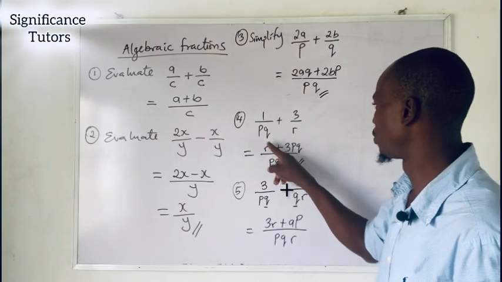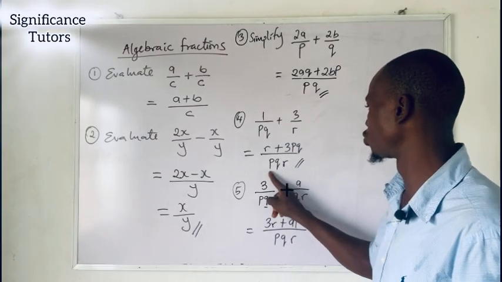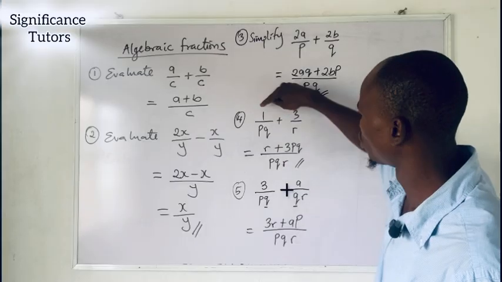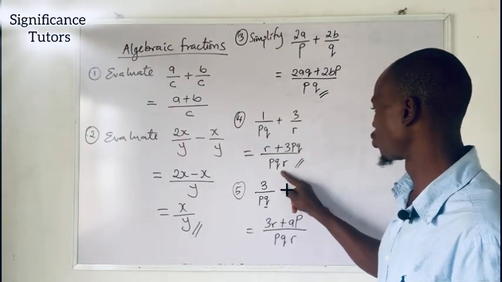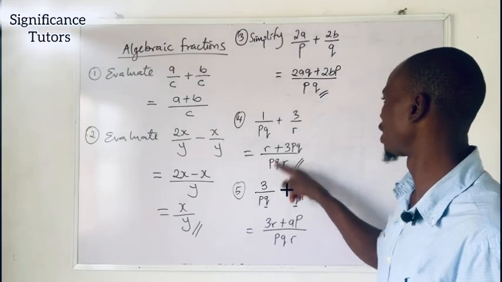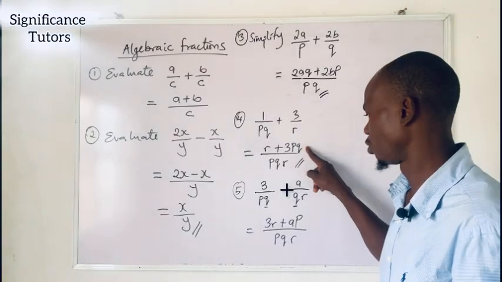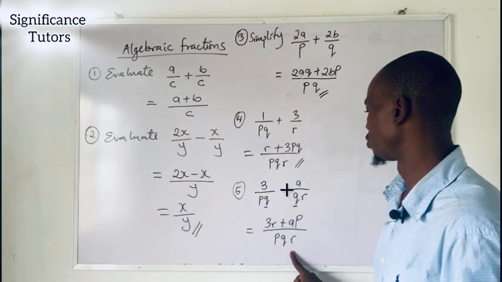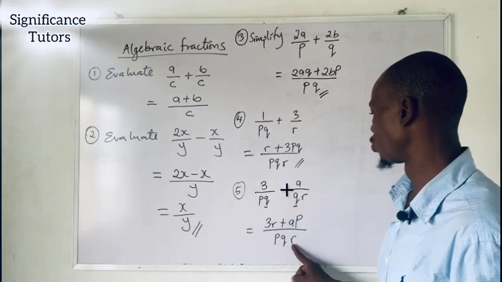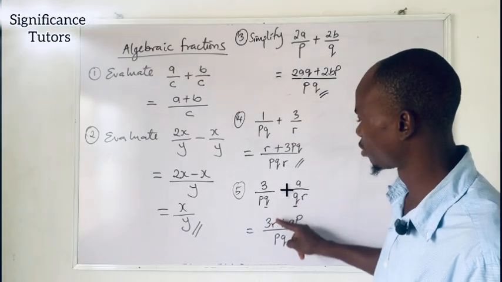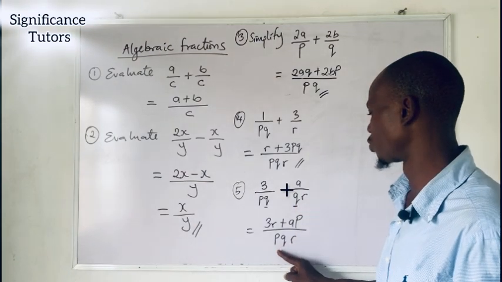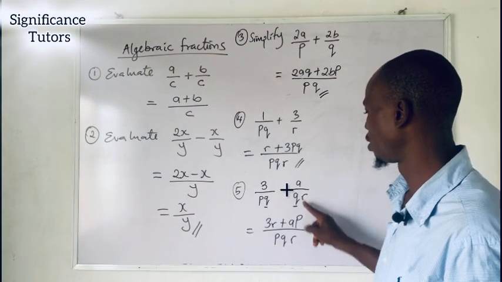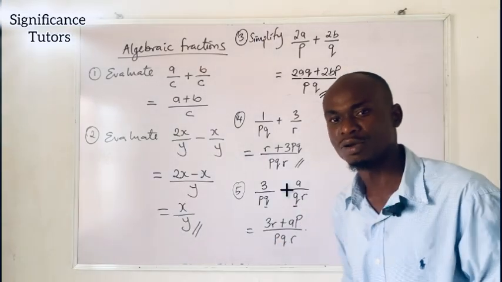I've gotten the LCM. pq divide pqr will cancel pq, remain r. r times 1, r. r divide pqr will cancel r, remain pq. pq times 3, 3pq. The same thing here, pqr is the LCM. pq divide pqr will have r. r times 3, 3r. qr divide pqr will cancel qr, remain p. p times a, ap. So that's the normal way of doing this.